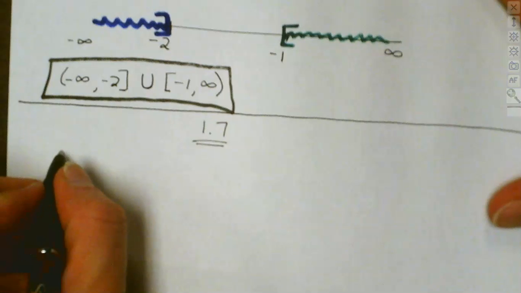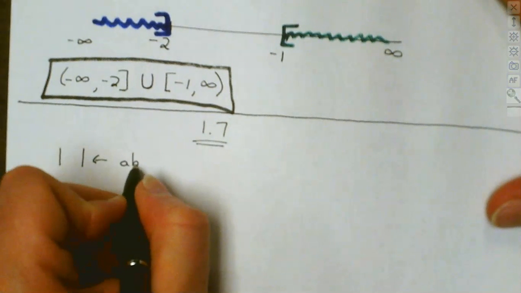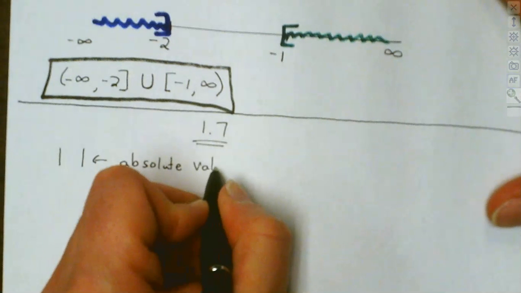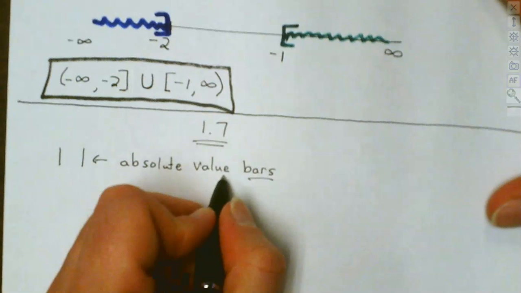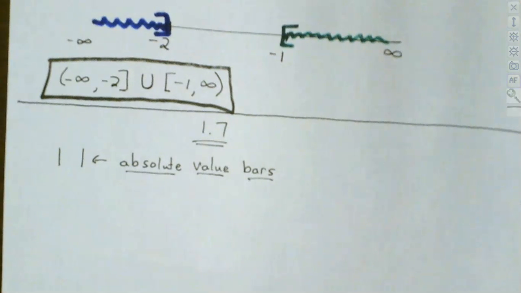And these are what are called absolute value bars. And what do absolute value bars do?